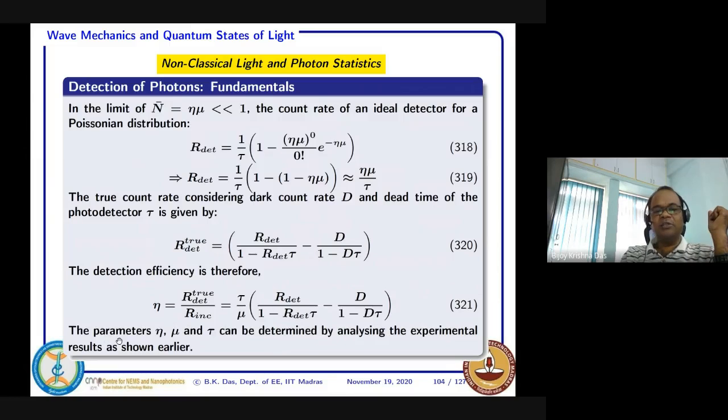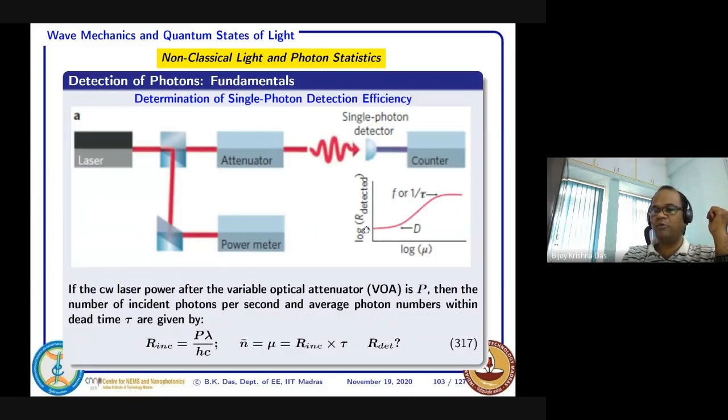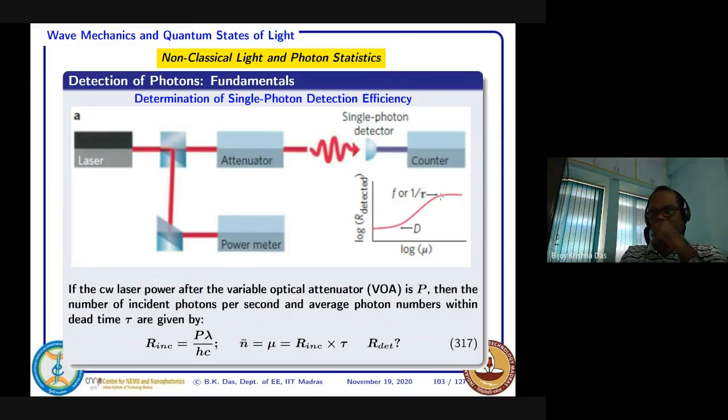Then these parameters from this, once we know the R detected value and you know the dark count, that parameter you need to know. And also you can find out this eta, mu, tau from the experiments, by analyzing the experimental results. So once the experimental results are there, you know what the dark count is and when it is saturation, that means it is 1 by tau.